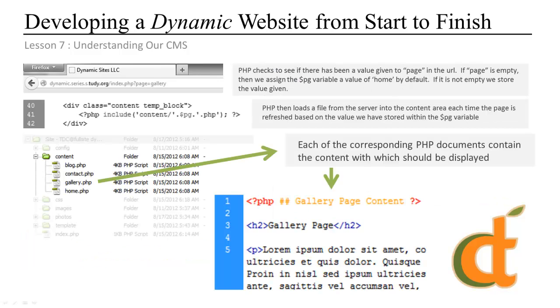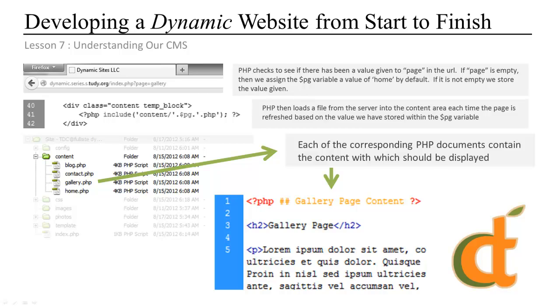If you remember correctly, we had a folder labeled content, and then we have a document in here for each of the pages or views or whatever we want to call them. Pretty much any of the instances that could be called with page equals.